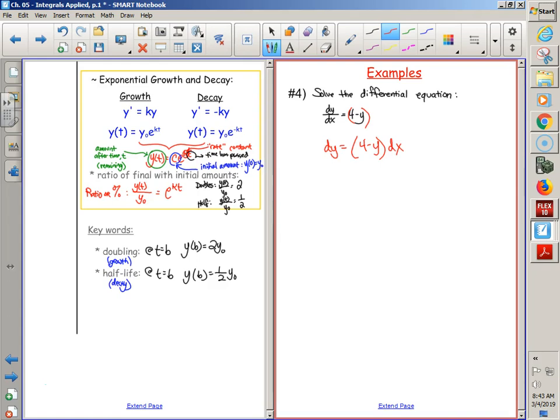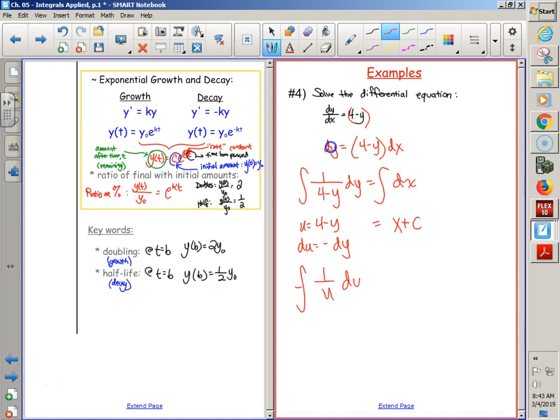No. So the only way to deal with it is to move it to the other side, the whole thing. We have no options on this one. And then to integrate. And some of you might realize over here it's not going to be a big deal, but over here, why am I writing u equals 4 minus y? Because I need to use an ln, but I can't forget my u sub.